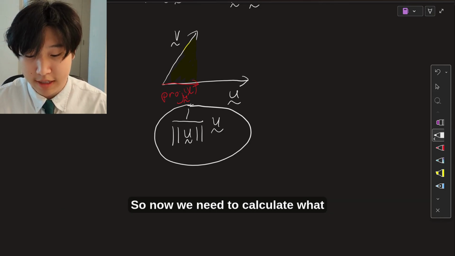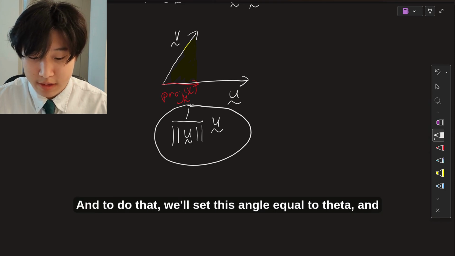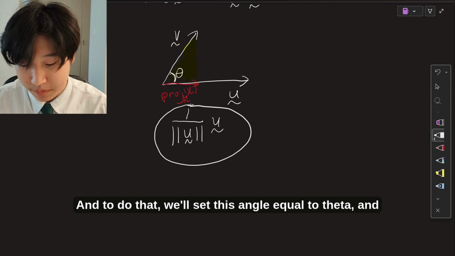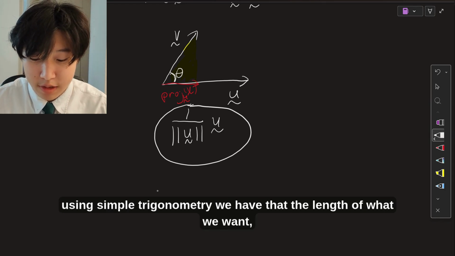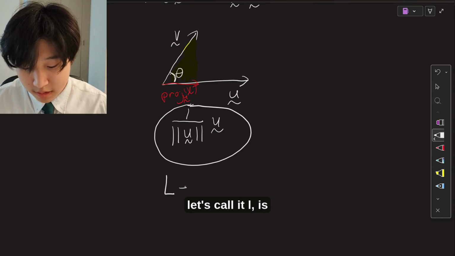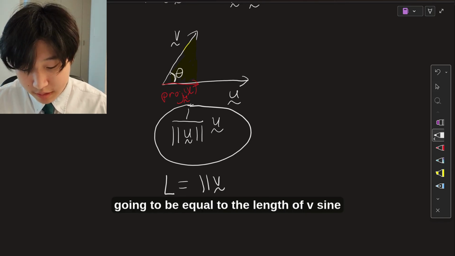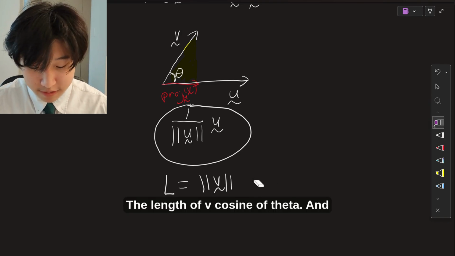So now we need to calculate what the length of this is actually going to be. To do that, we'll set this angle equal to theta. Using simple trigonometry, the length of what we want, let's call it L, is going to be equal to the length of v, no, the length of v cosine of theta.